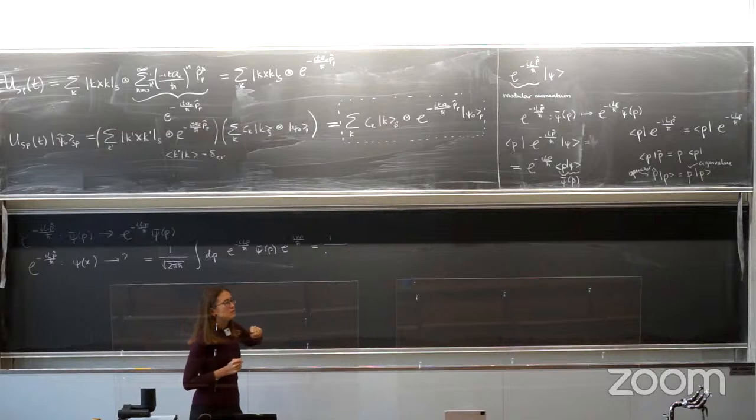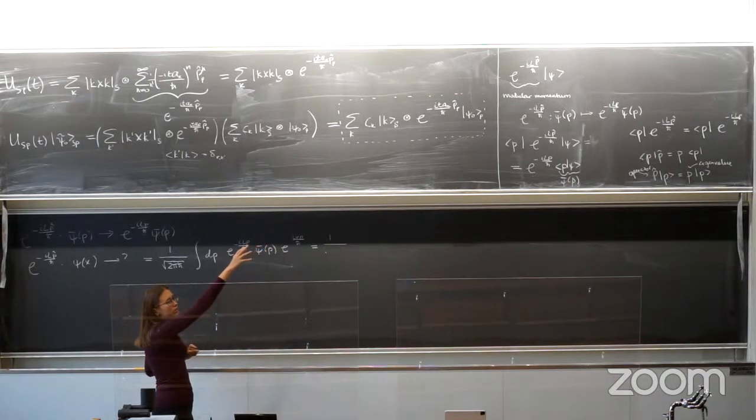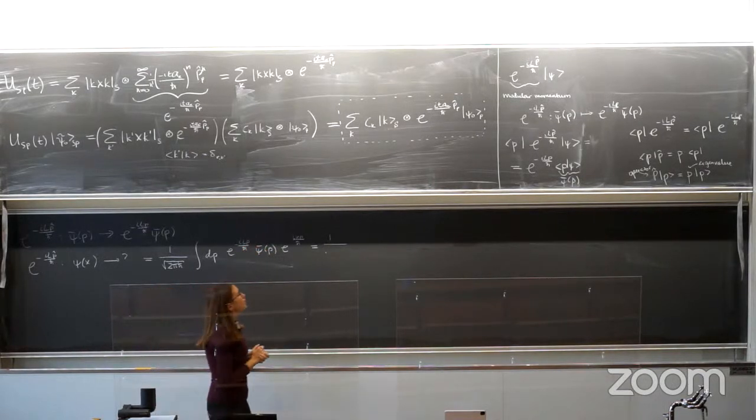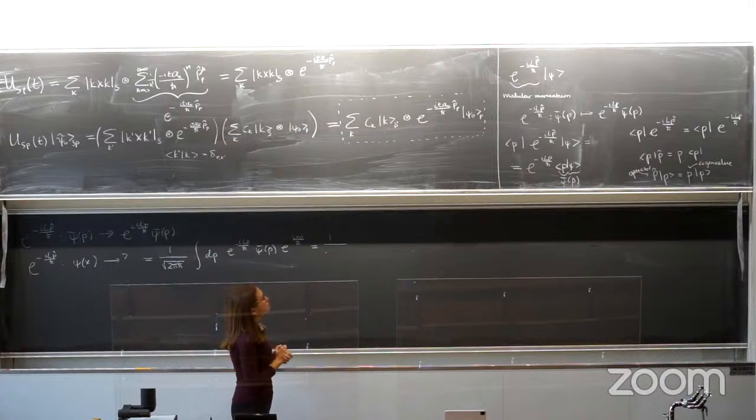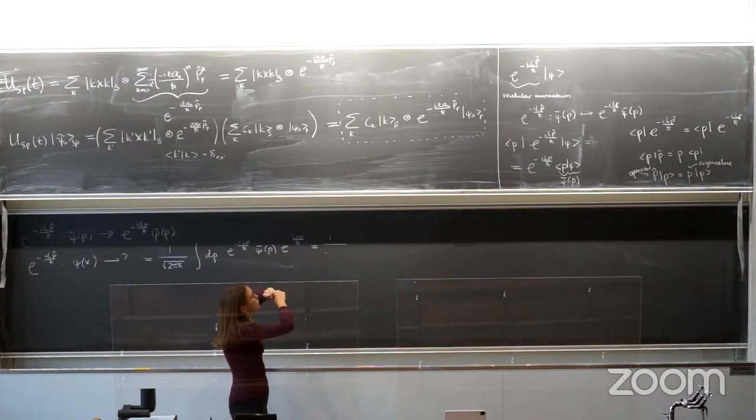If you measure the pointer in the state which corresponds to this transformed state, which is basically a shifted position, that already tells you in which state the system is.